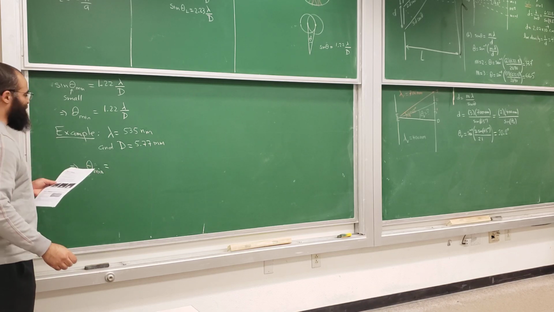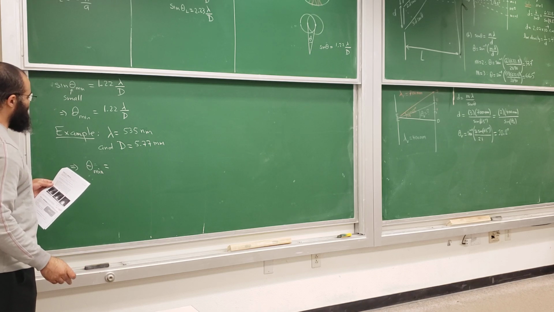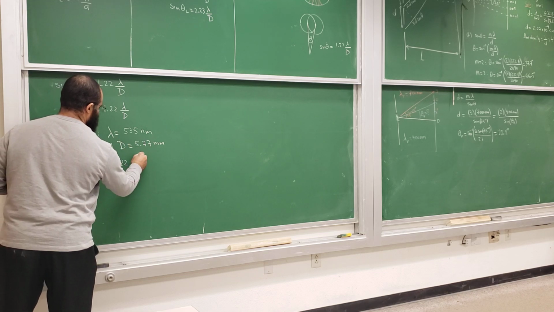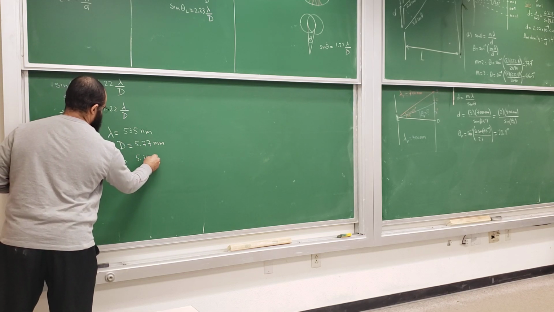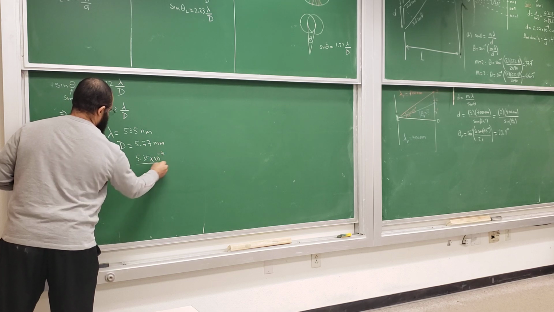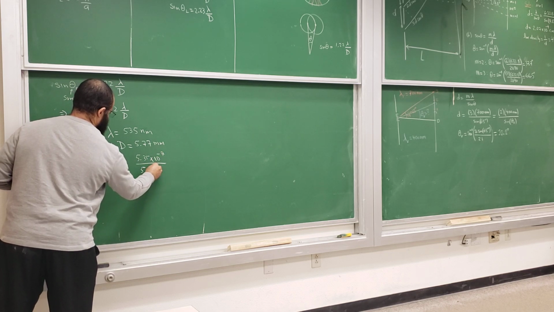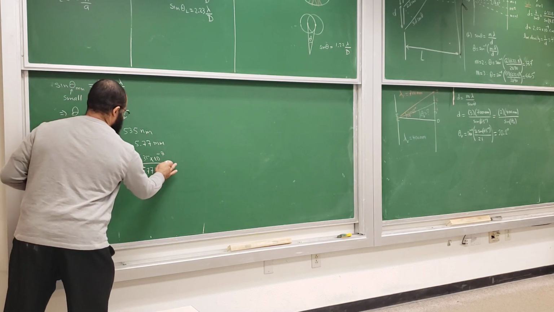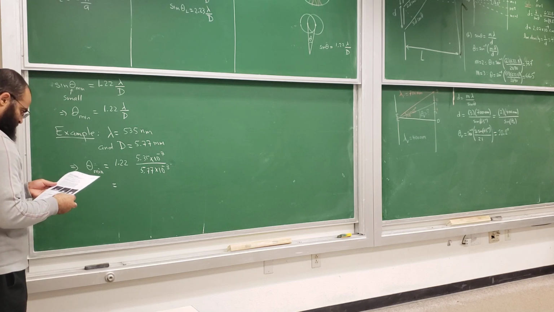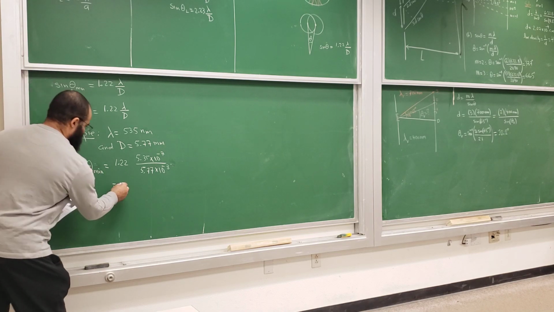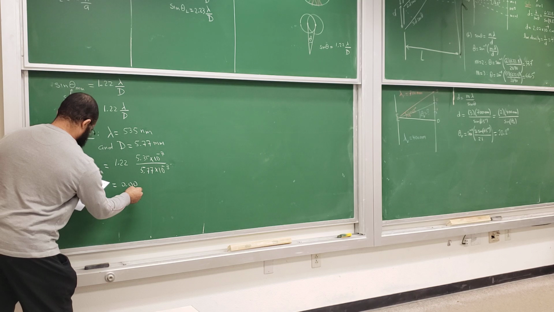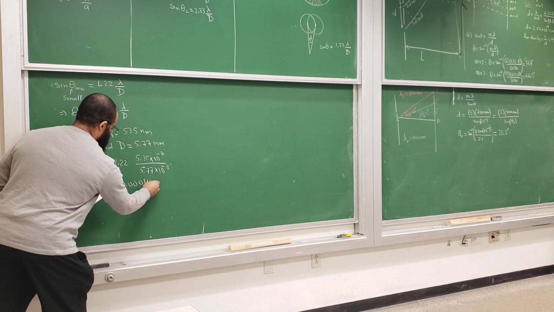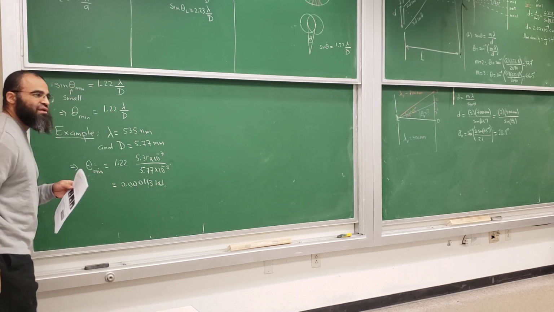We'll do a more relevant example later; this one is just computational. Theta minimum will be 1.22 times lambda, which is 5.35 times 10 to the minus 7, over 5.77 times 10 to the minus 3, and we get really small, 0.000113 radians. Okay, so the angle is small.